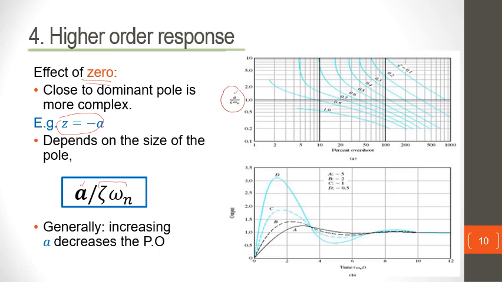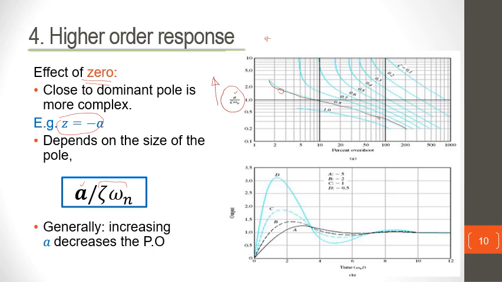We can clearly see that, for example, these are for the different values of damping factor. For the same damping value, we can observe that as this ratio increases, that is, as your A becomes larger, which means as your zero goes further and further into the left hand side, you will see that your peak overshoot changes from one big value to a small value, right? This is what it shows.